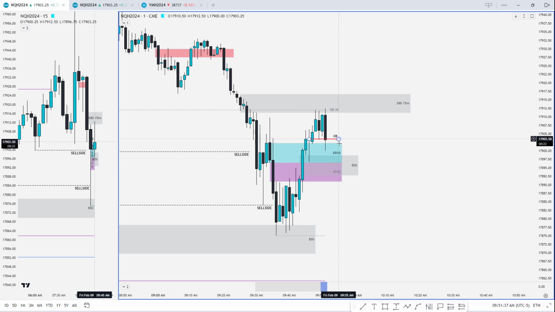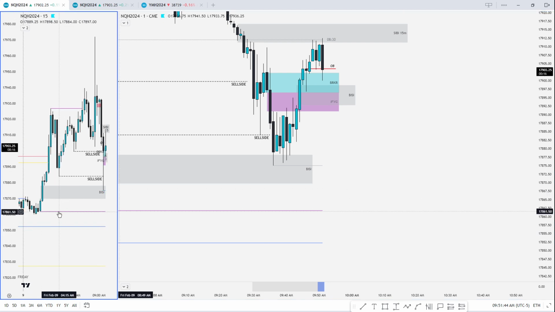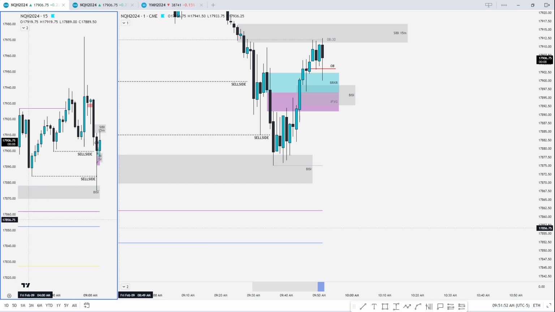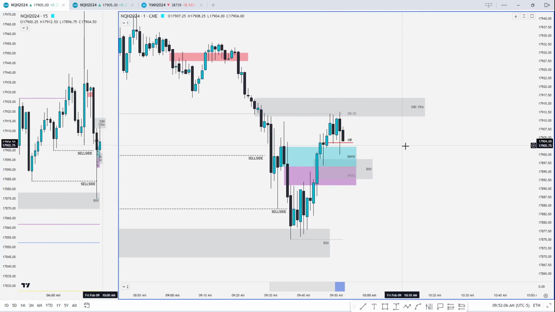Wait for retracing back up. Fills it, and then we head for Asian low. Yep, also respected the 1 hour gap and closing quite bullishly there too. We can see in the 15-minute, swept both the liquidity pools and then closed above here and above here. Holding that order block so far too.